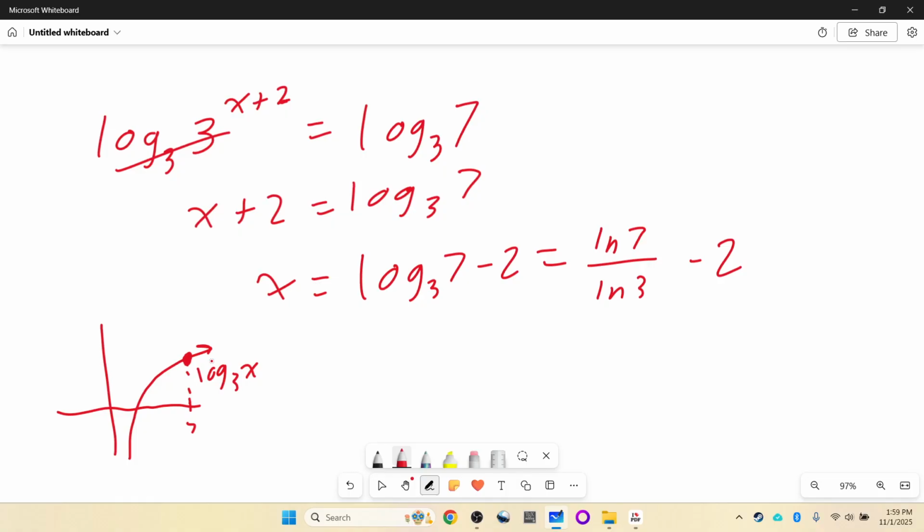If you wanted, you could plug this into a calculator and it would give you about 1.7712. But that just keeps going. So, generally speaking, we want to leave it in logarithmic form. We don't want to write it as a decimal unless we're asked, because decimals are always rounded off.